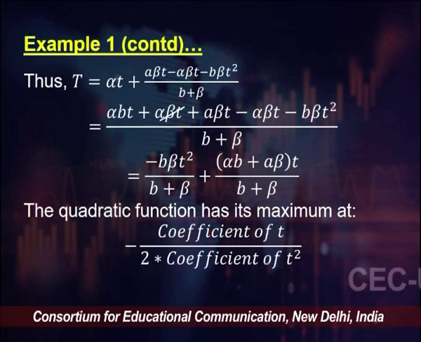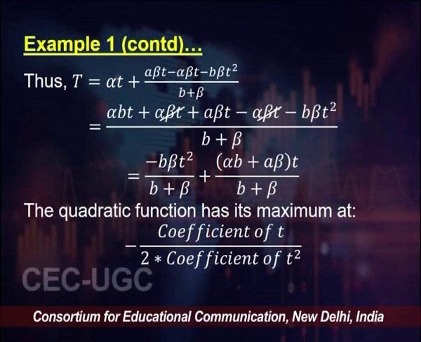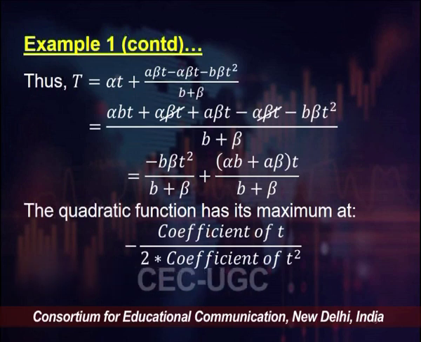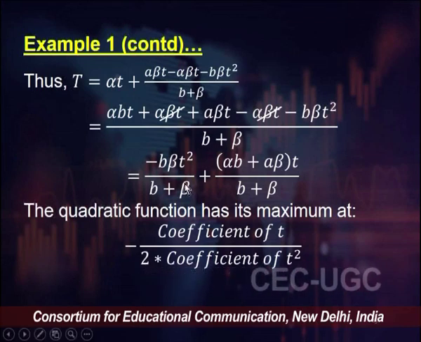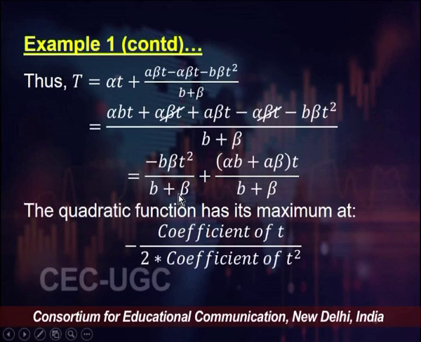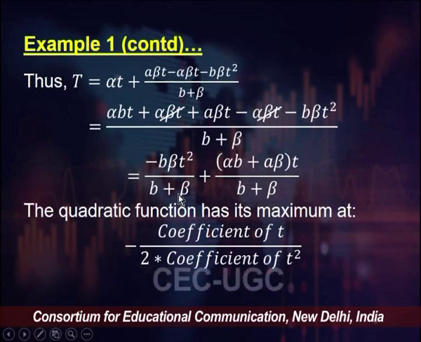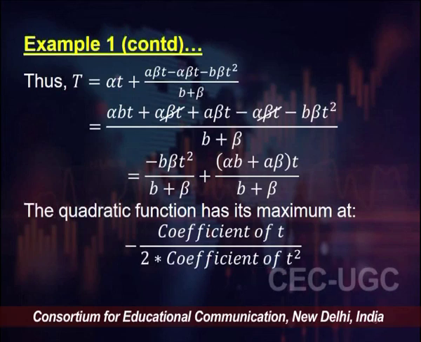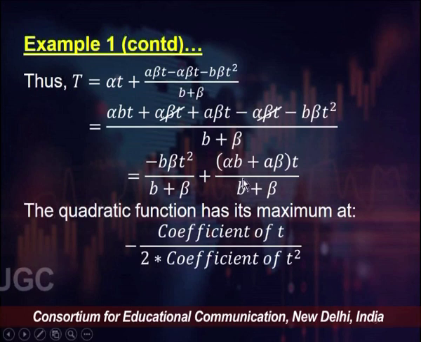Alpha beta times t will cancel out this one, and what you're left with as the expression for the tax revenue, you can see it's a quadratic function in t, is minus B beta times t squared divided by B plus beta, plus (alpha B plus A beta), the whole thing multiplied by t divided by B plus beta.